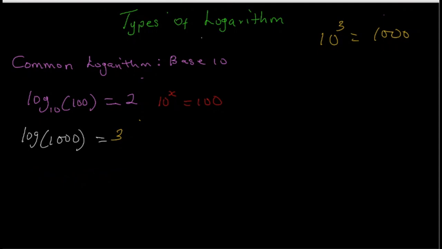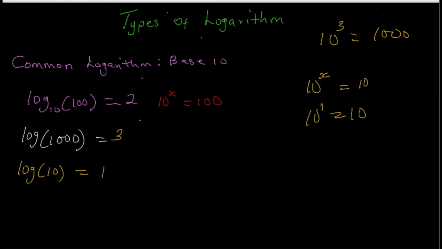Let's look at another example. If we have log 10, this is simply saying what power can we raise 10 to get 10? And if you check, 10 to the power of 1 is 10. So this would be 1.